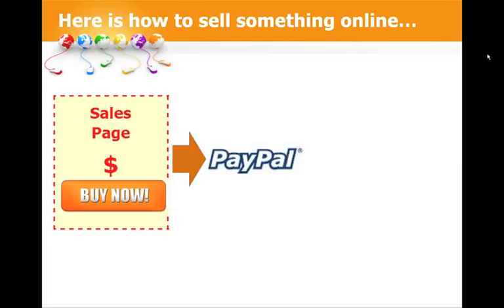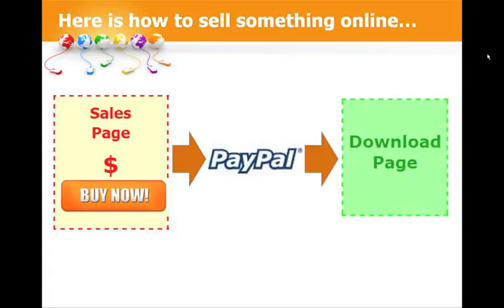Once we've configured a few little things at PayPal, we then tell PayPal, after somebody has successfully paid for your product, to send this customer of yours to the download page where your customer can actually access the product that they have purchased just a few moments earlier.